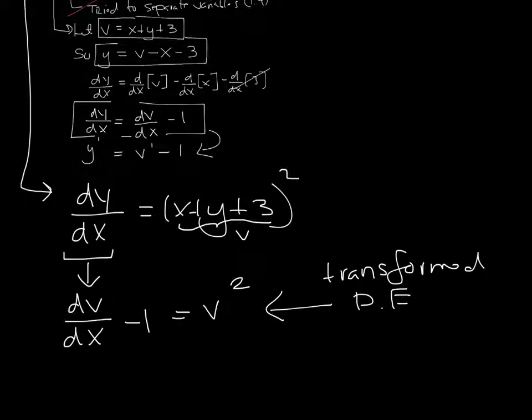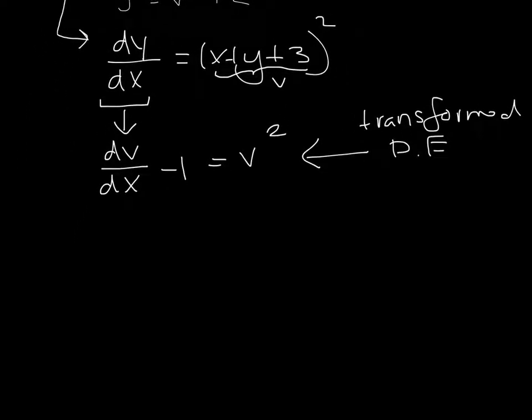So here, now if we look at this differential equation, we can add a 1 to both sides. So we have dv/dx equals v squared plus 1. And so now we can separate our variables if we want, since this is a separable equation.